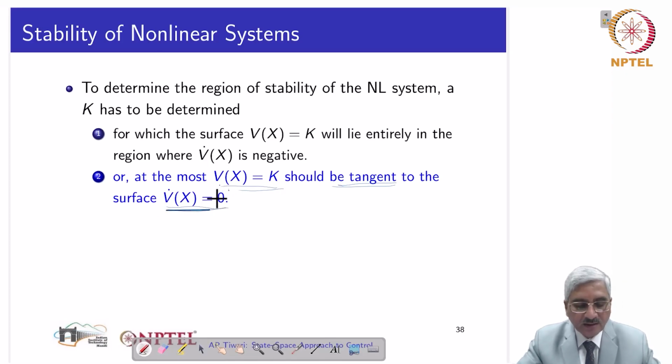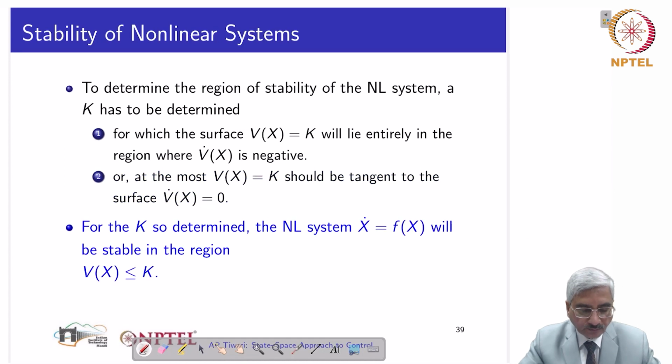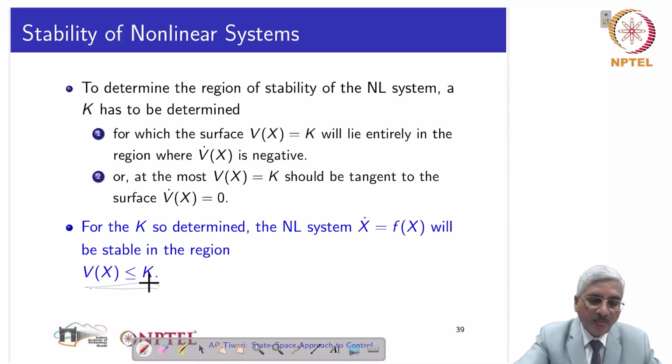So we have to find that K, and that will give the largest region over which the nonlinear system is stable. Vx less than or equal to K will give that region.